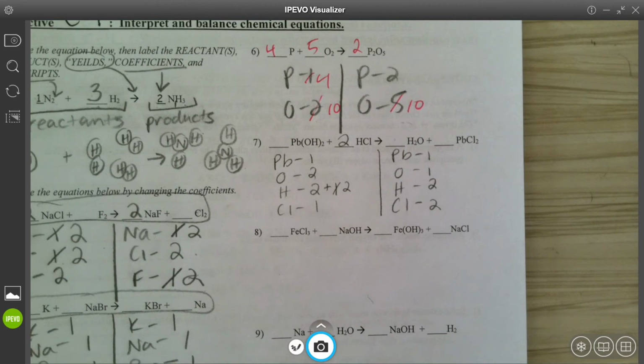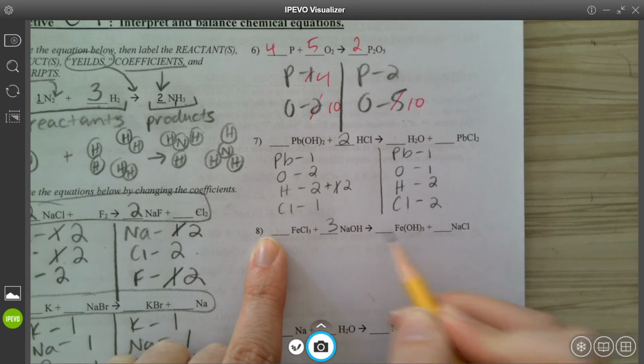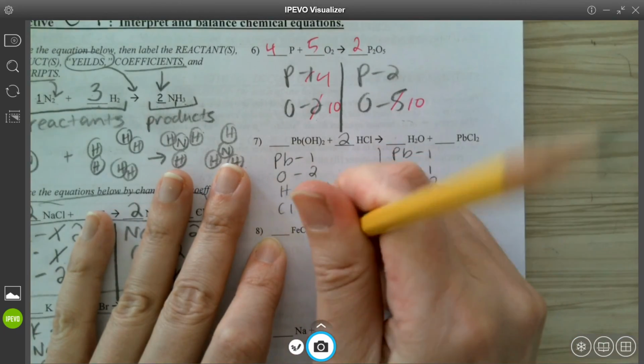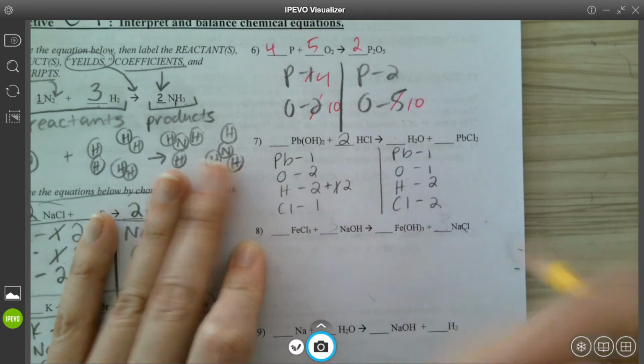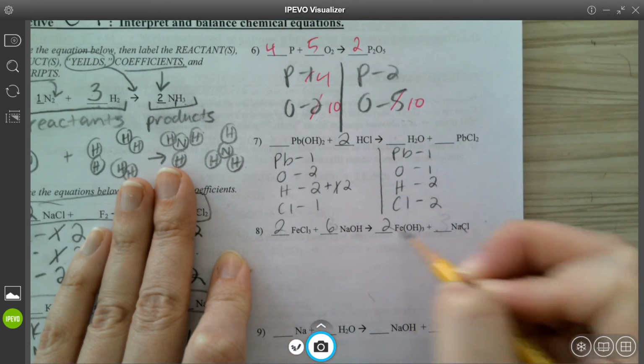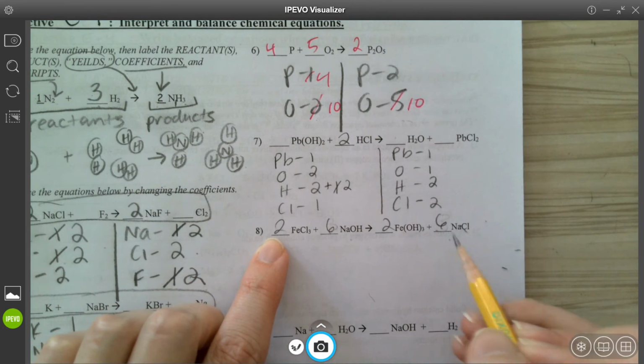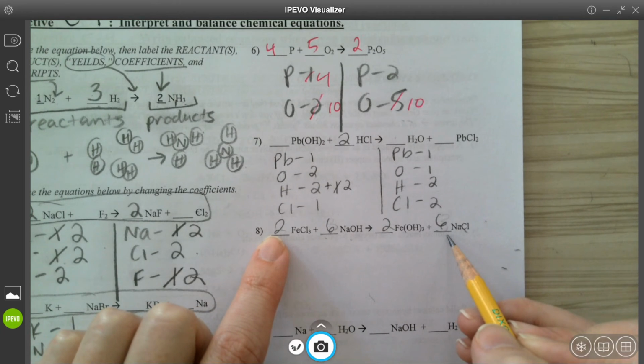Another thing that I'm seeing, for example, number 8, the answer is blank 3, or 1, 3, 1, 3. What I was noticing is some people had 2, 6, 2, 6. It's still balanced, but this ratio can be reduced back down. So if you wrote something like 2, 6, 2, 6 on a test and it was balanced, I'd give you half credit.